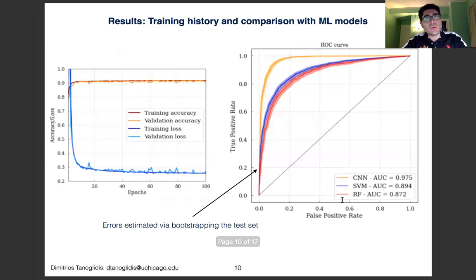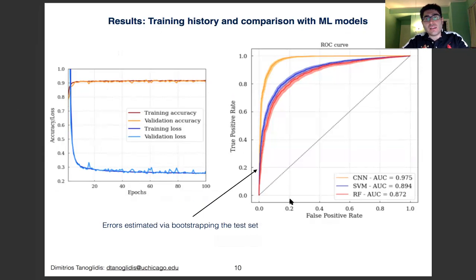And let me show you a little bit the first result. This is the accuracy and loss as a function of epoch. You can see both the training and validation, and we applied some regularization techniques to avoid overfitting, and you can see that the two curves agree quite well. So we do not have overfitting.